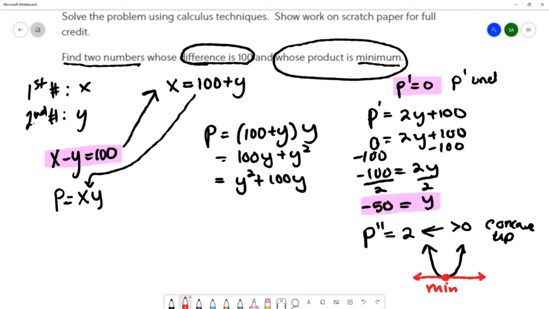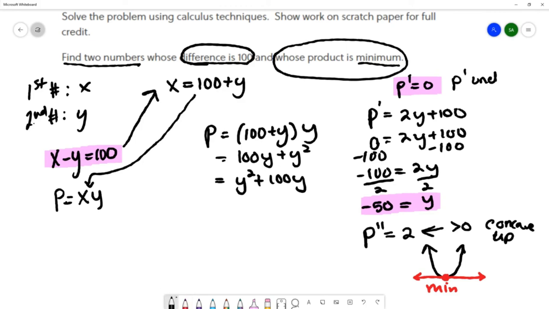So that's verifying that that critical number that we came up with, negative 50, is a minimum. This process that we're going through here is called the second derivative test. You first find the critical number from the first derivative, and then you use the second derivative as a test to tell the concavity, and that verifies whether you have a minimum or a maximum, a relative minimum or maximum.